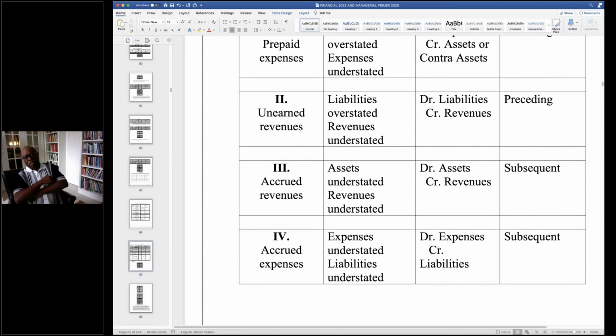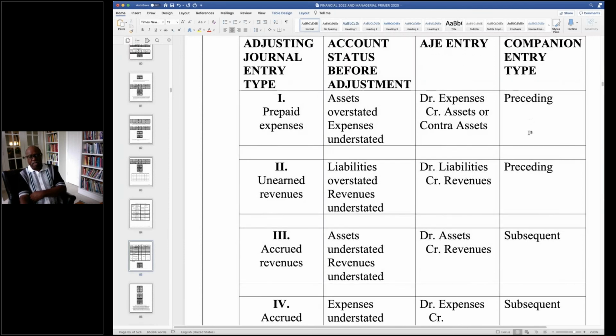Once again, as you saw, when we made that adjusting entry, we never had cash in there. So cash can be in the preceding entry, it can be in the subsequent entry, but it is not to be in the adjusting entry. Got it?